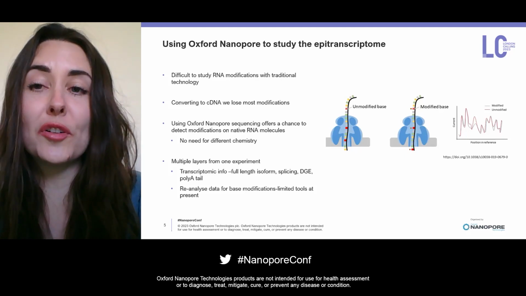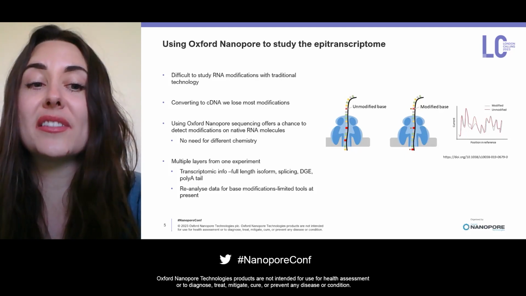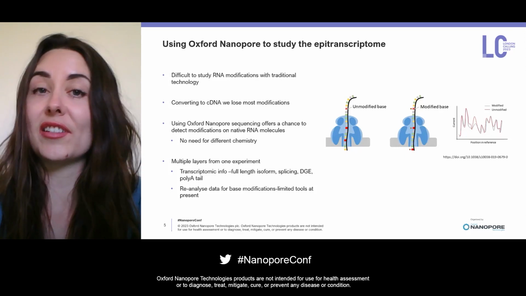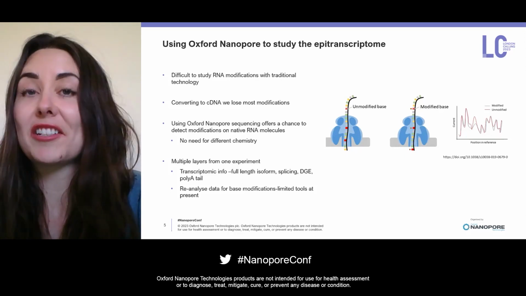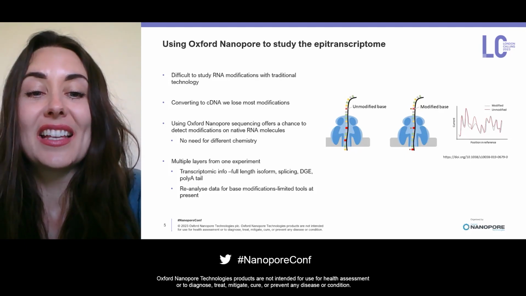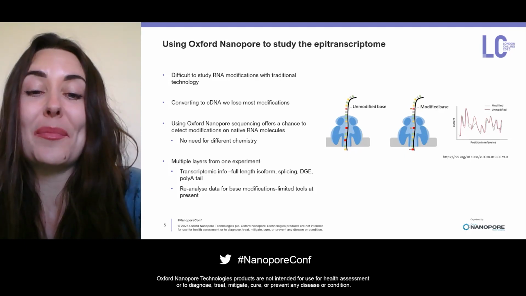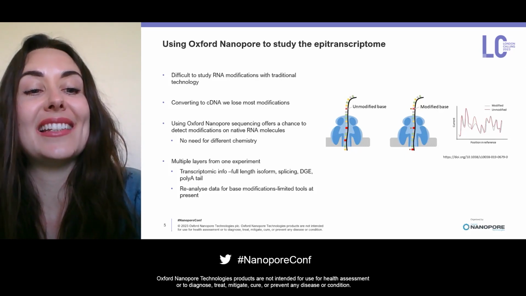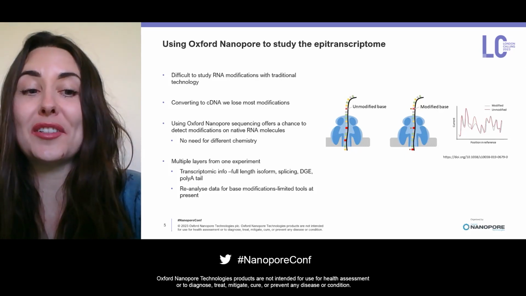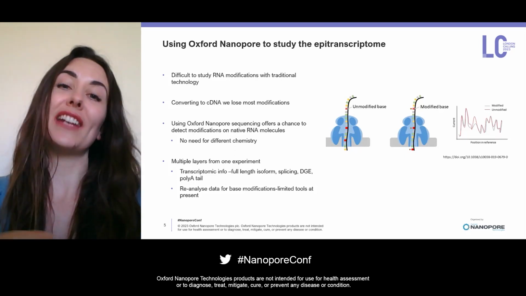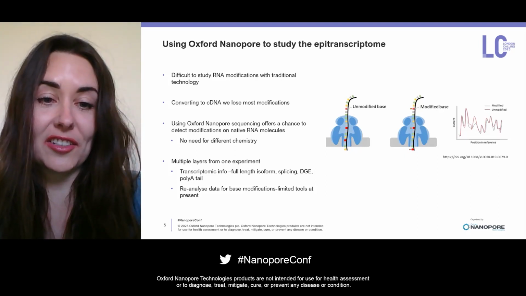So actually, from one experiment of direct RNA sequencing, we can get transcriptomic information such as full-length isoform characterization and expression, alternative splicing, differential gene expression or isoform expression, and poly-A tail measurements, as well as being able to reanalyze the data for base modifications.